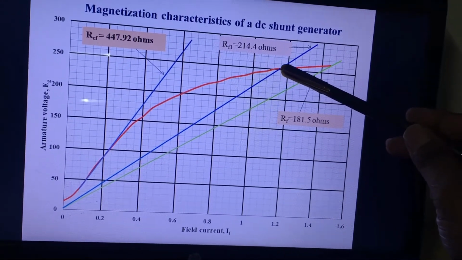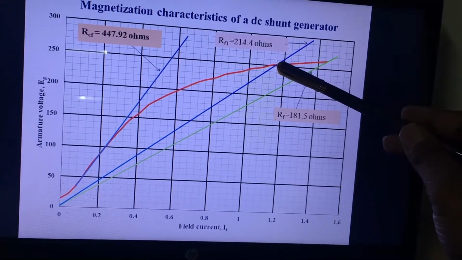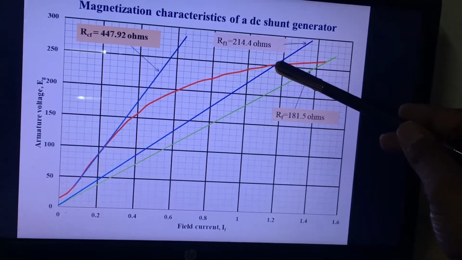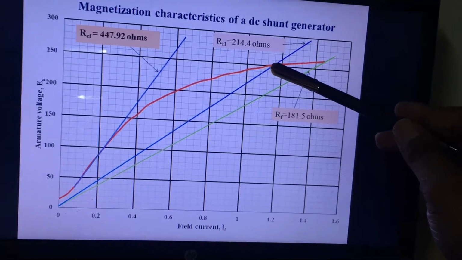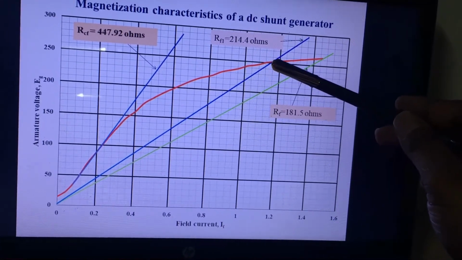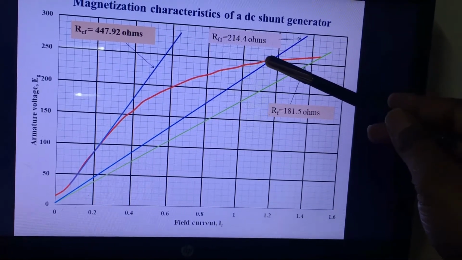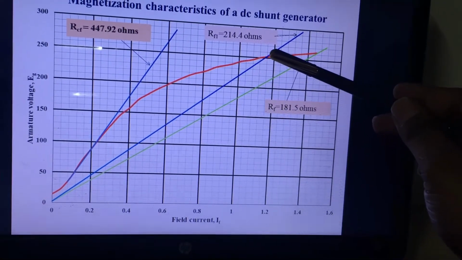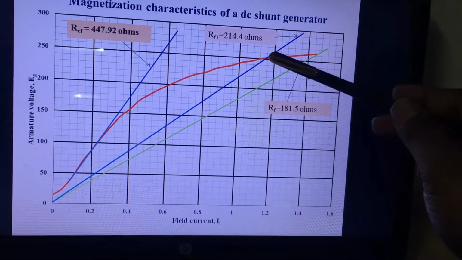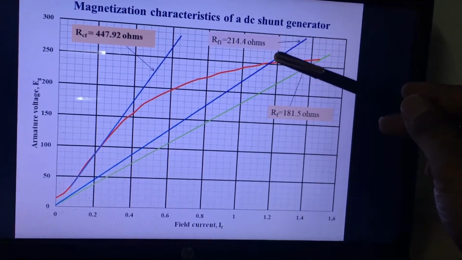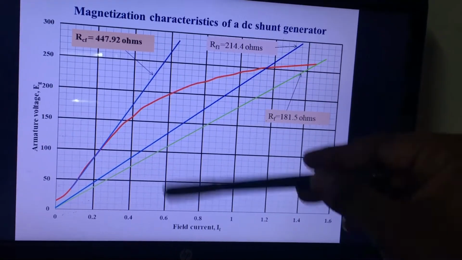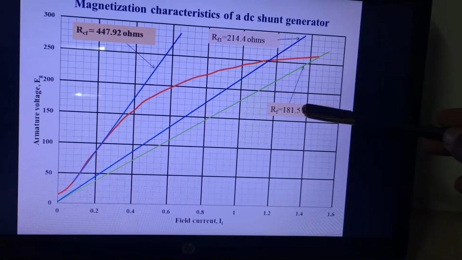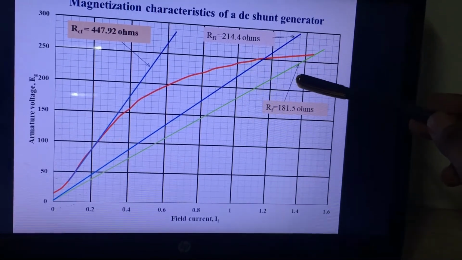At this point, voltage across the armature is 250 volts. From the experiment also we have seen for this field winding resistance, voltage across the armature terminals is 250 volts.